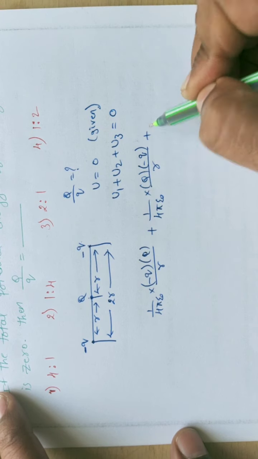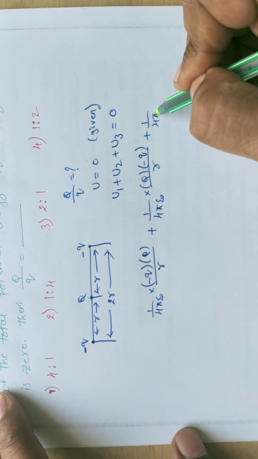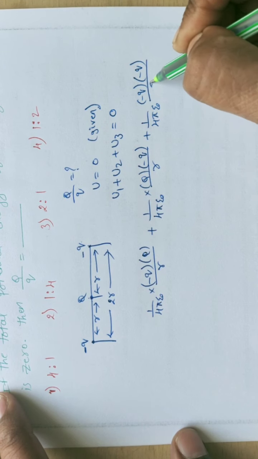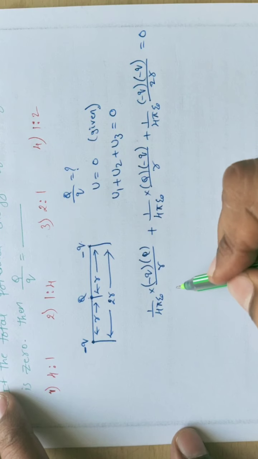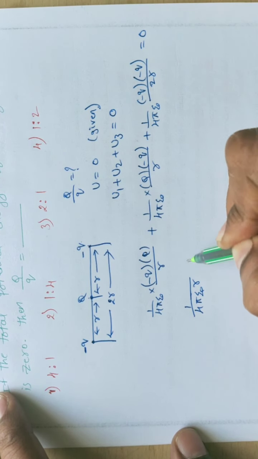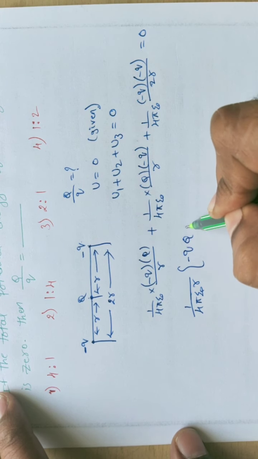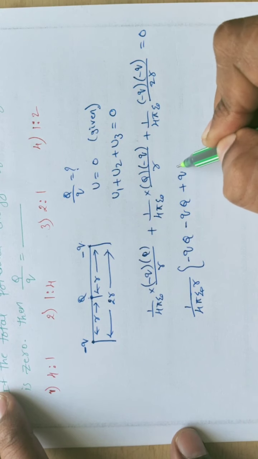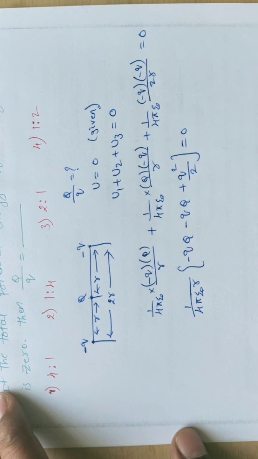Now between minus q and minus q, it is 1 by 4 pi epsilon naught, minus q into minus q divided by 2r. This value is equal to 0. Overall, taking 1 by 4 pi epsilon naught r common, we get minus q into Q, minus q into Q, plus q square divided by 2. This becomes 0.